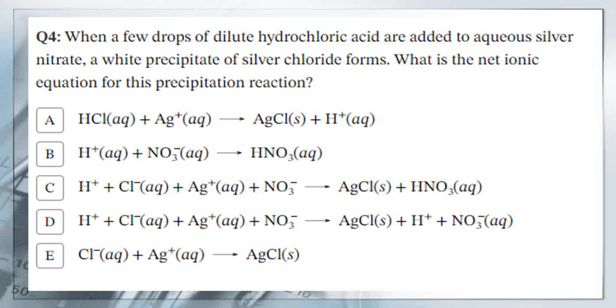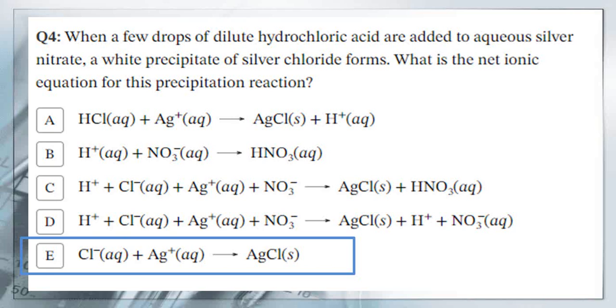We have here only one solid, silver chloride, and it dissociates before forming, at the reactant state. We have chloride Cl negative and silver Ag plus. So the right answer will be Cl negative plus Ag positive forming the solid AgCl.